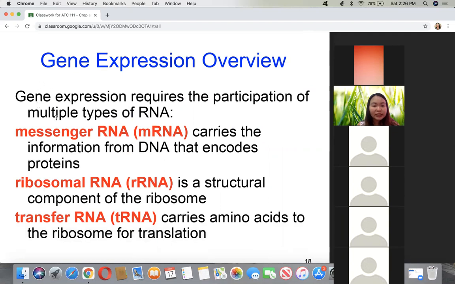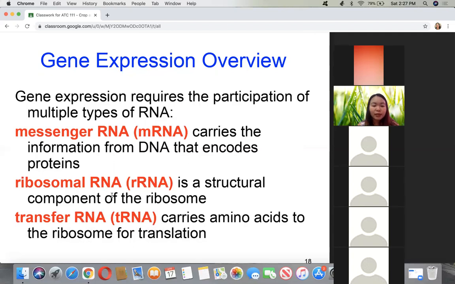these are the gene expression, no, which has participation of different types of RNA. Kanina yung messenger RNA or the mRNA. It's the one that carries the information from the DNA that encodes the proteins. Kaya messenger siya kasi meron siyang information.